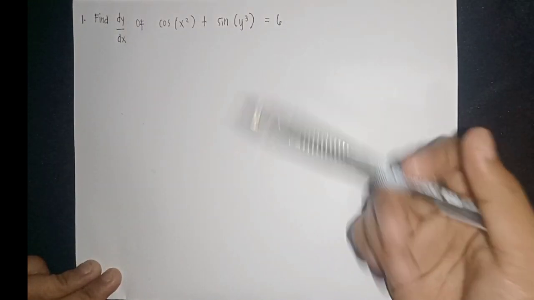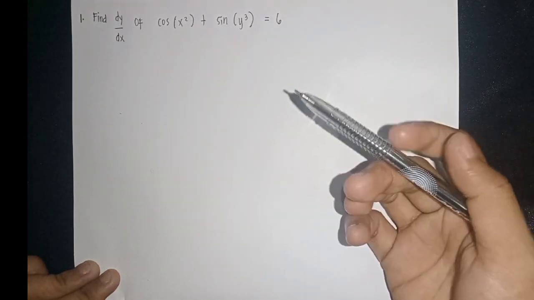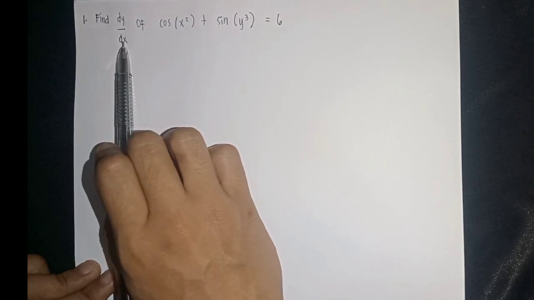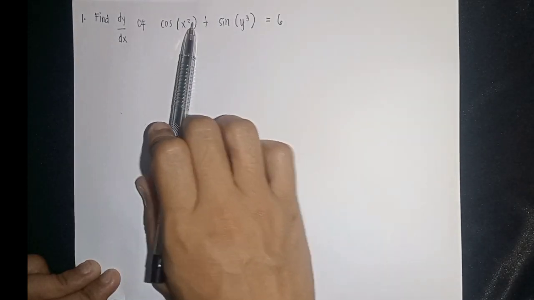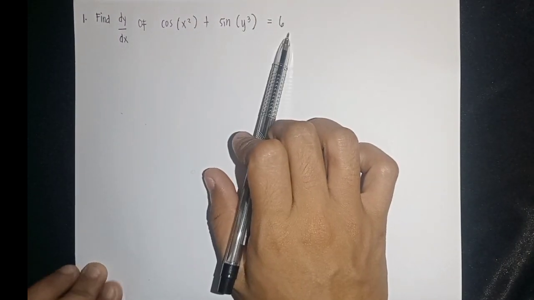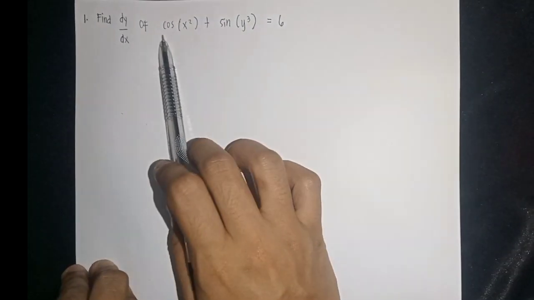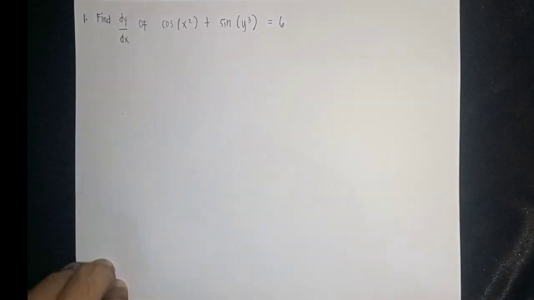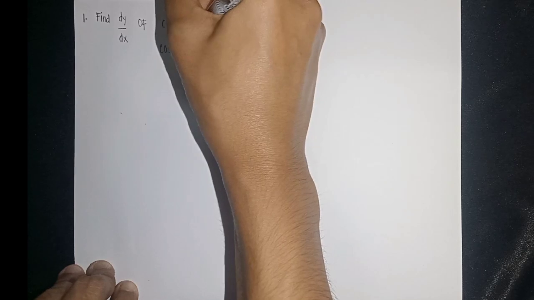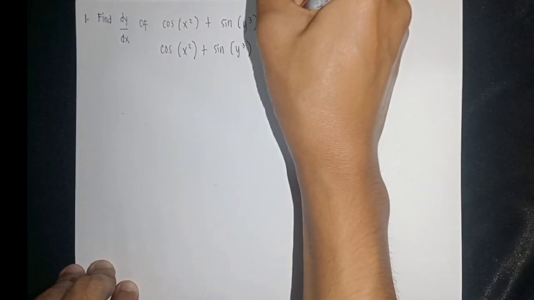Now, let's differentiate example problems using implicit differentiation. First, we have: find the derivative of y with respect to x of cosine x squared plus sine y cubed equals 6. By differentiating these functions, we need to copy the equation: cosine x squared plus sine y cubed is equal to 6.